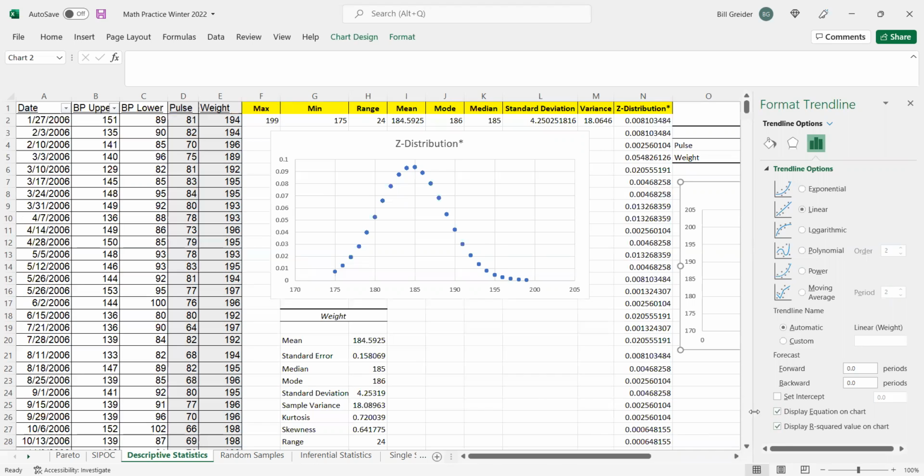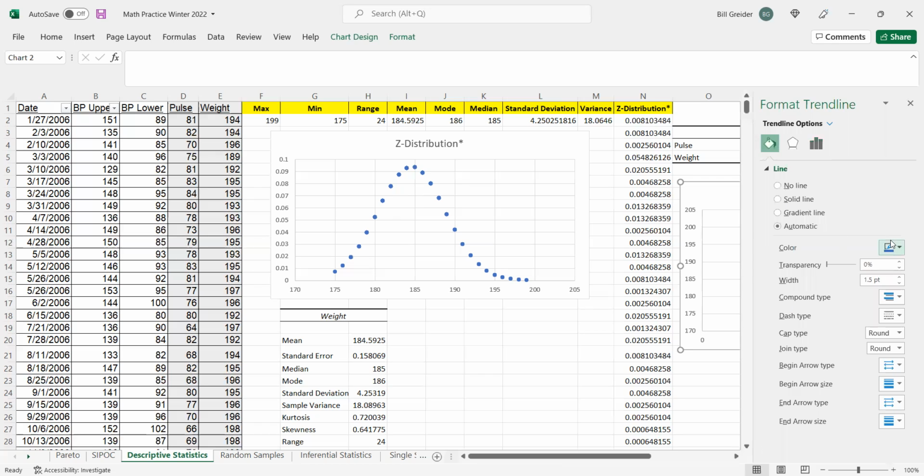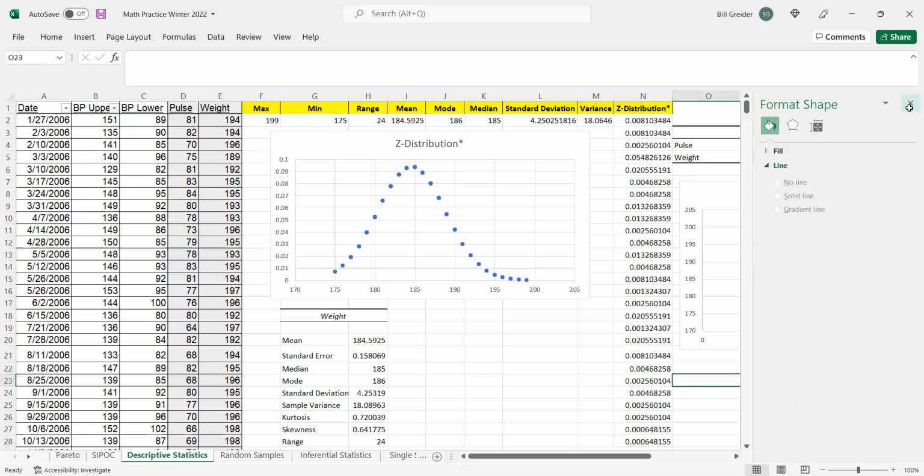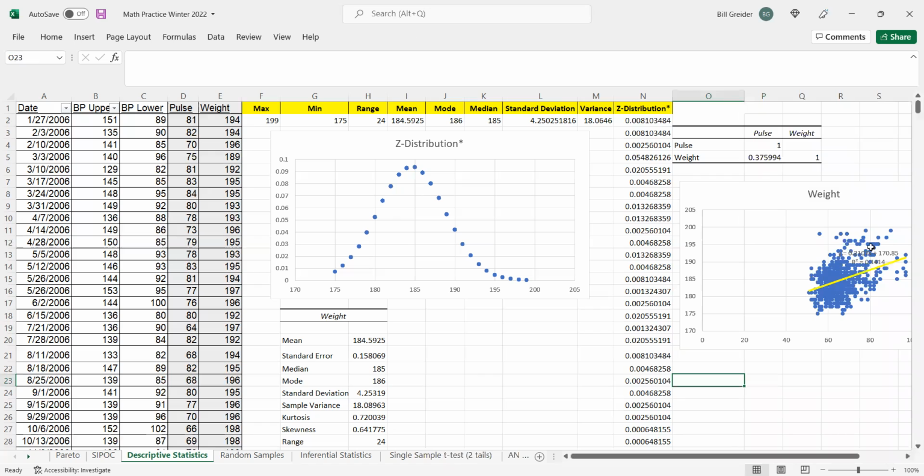Then I can format my trend line too, make it yellow so I can see it. The type is going to be solid line, and we'll make it a little bit thicker so it really shows up. So there it is. I just took the formula and moved it over so you can see it.